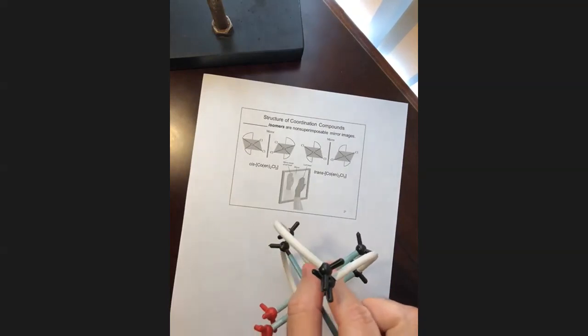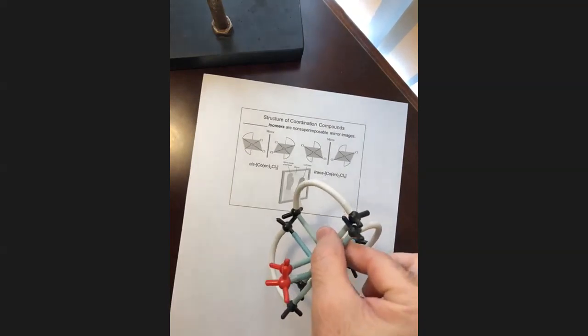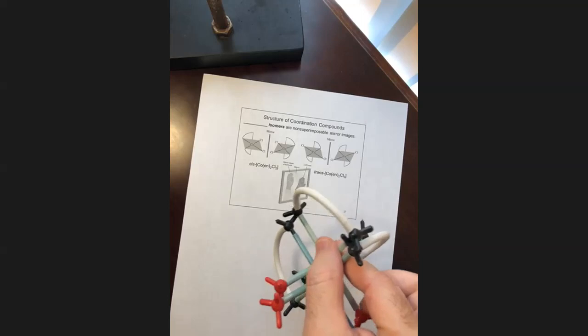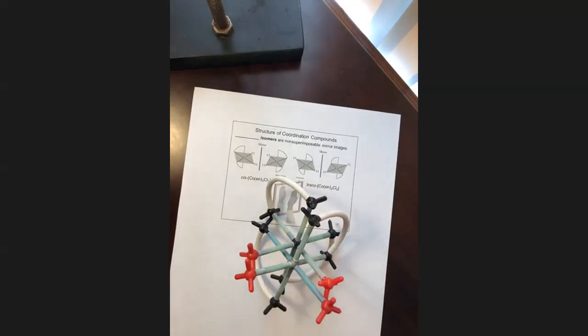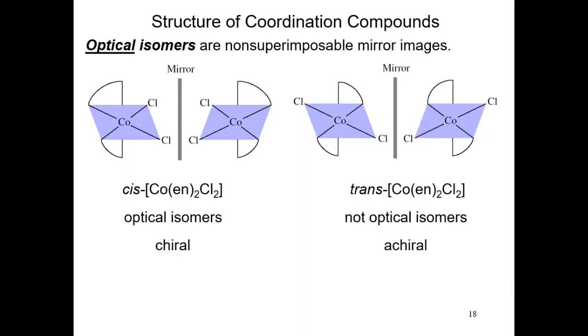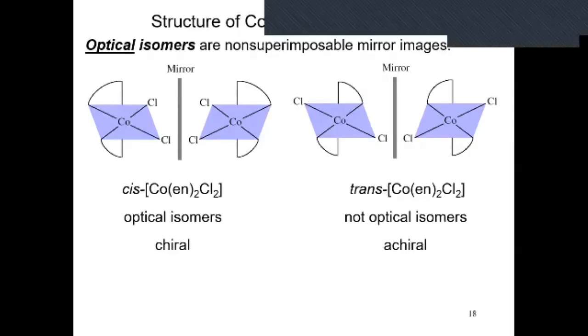They are at 90-degree angles from each other. They don't overlap. If I keep trying this, and I'm not going to try it because I can see that our connection's a little weak here, the point is that these two structures represent mirror images of each other that you cannot superimpose on each other. And that is what we call an optical isomer. All right, that's what we call an optical isomer.